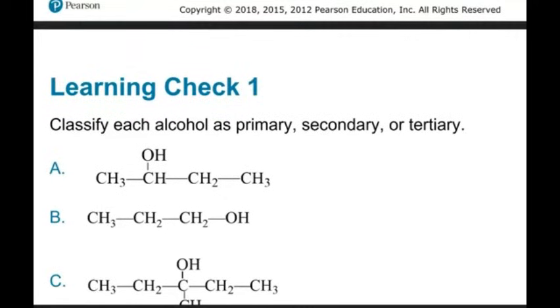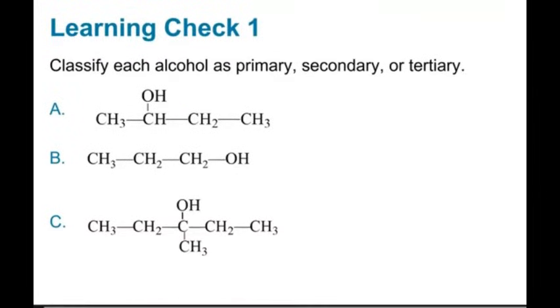So let's see if you can spot which one is which. Example A. This carbon is connected to the OH group, right? Let's identify all of them. This carbon is connected to the OH group, and this carbon is connected to the OH group.